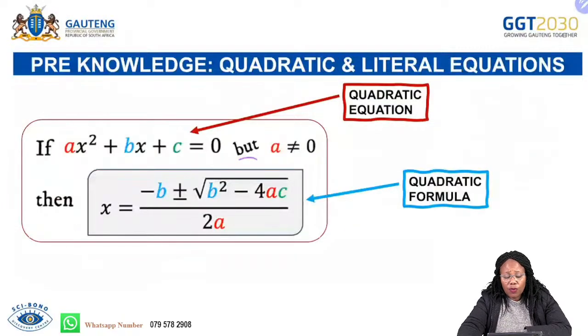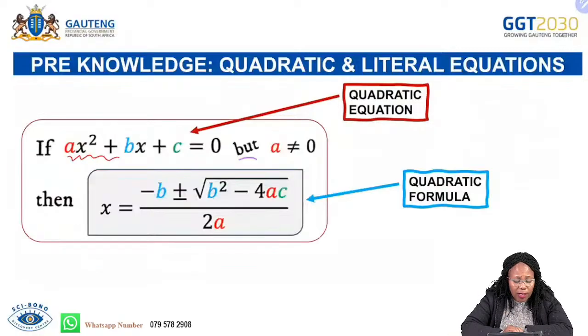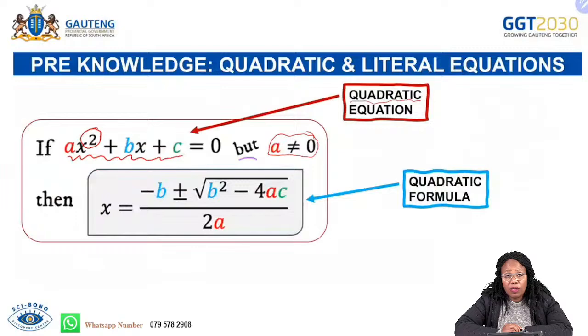And then now with quadratic or literal equations now, with the quadratic equations, we are having an original equation that is quadratic. How do we know this is a quadratic equation? It must be in the form ax squared plus bx plus c. It is quadratic because it is to the power 2. That is why they say a cannot be a 0, grade 12.